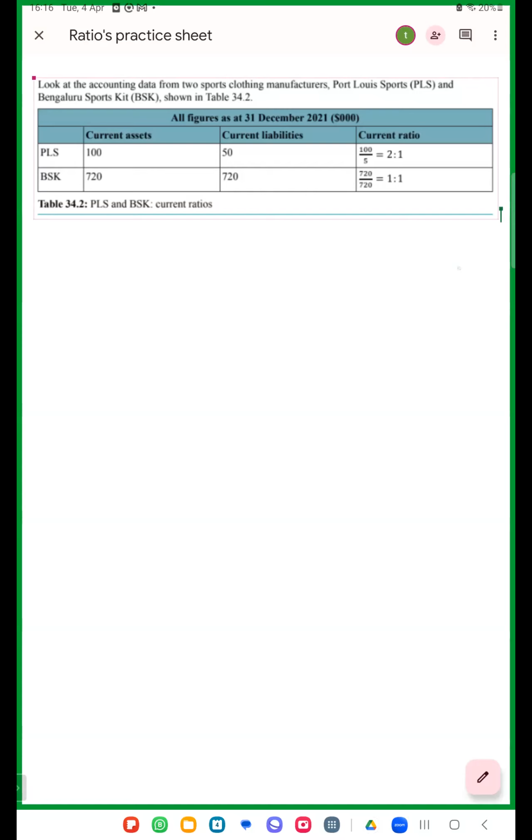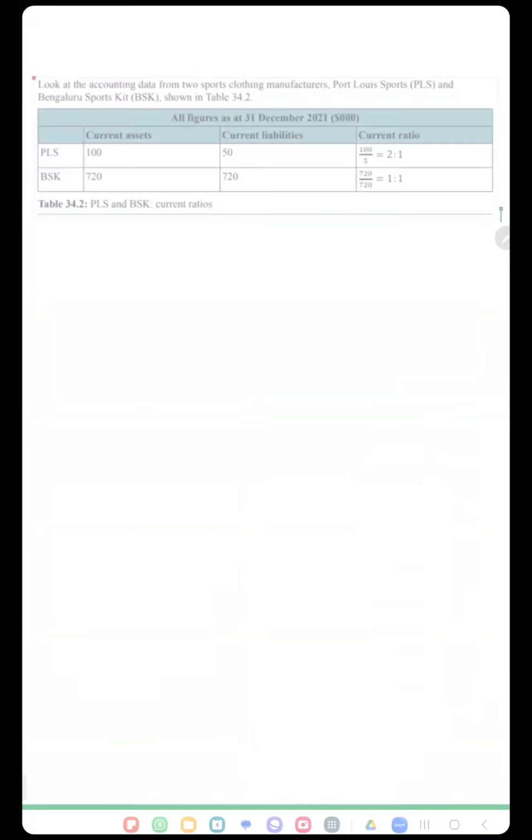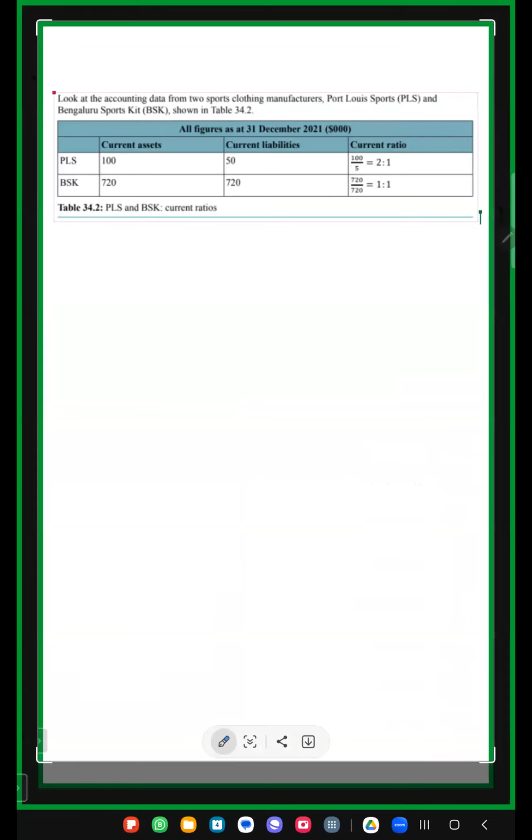How would you calculate this as a question? If this was a question in your test, there is 1 mark for just writing the formula. If the question is asking you to calculate the current ratio, oh, they've already calculated it for you.